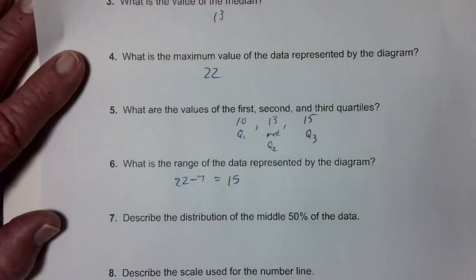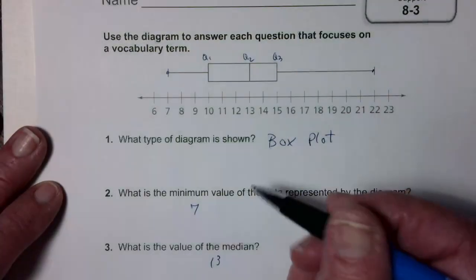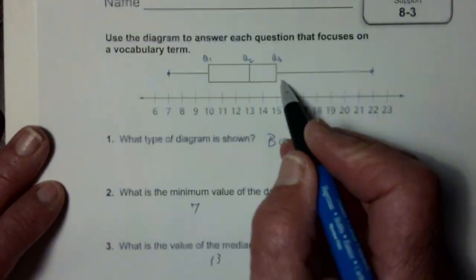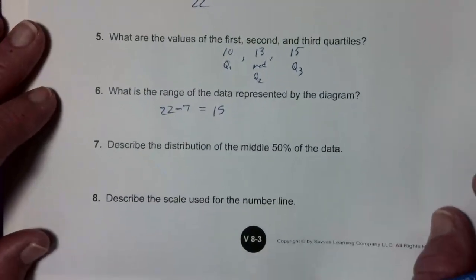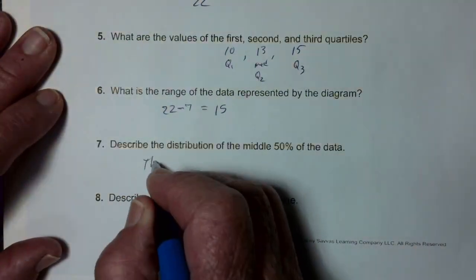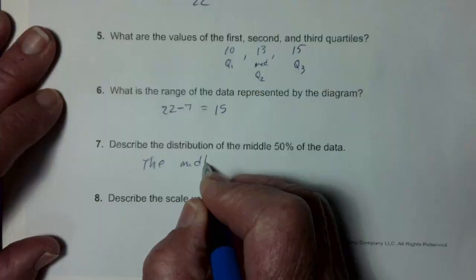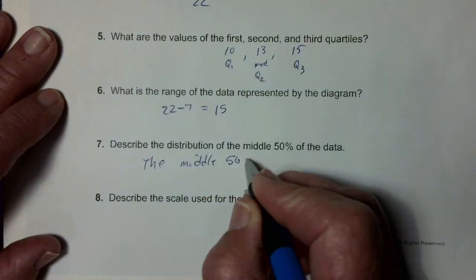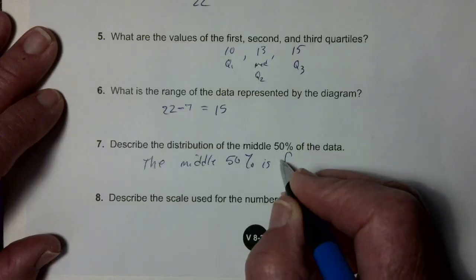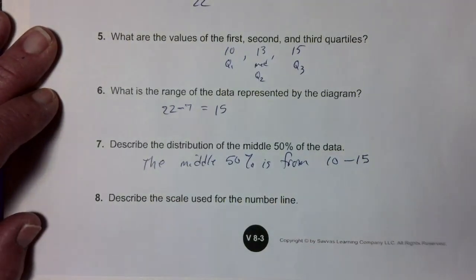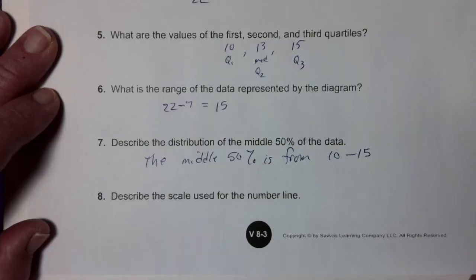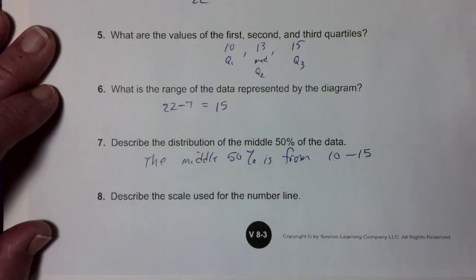Oh, here's a good question. Describe the distribution of the middle 50%. Well, the middle 50% goes from here to here. So it's from 10 to 15. And describe the scale used for the number line.